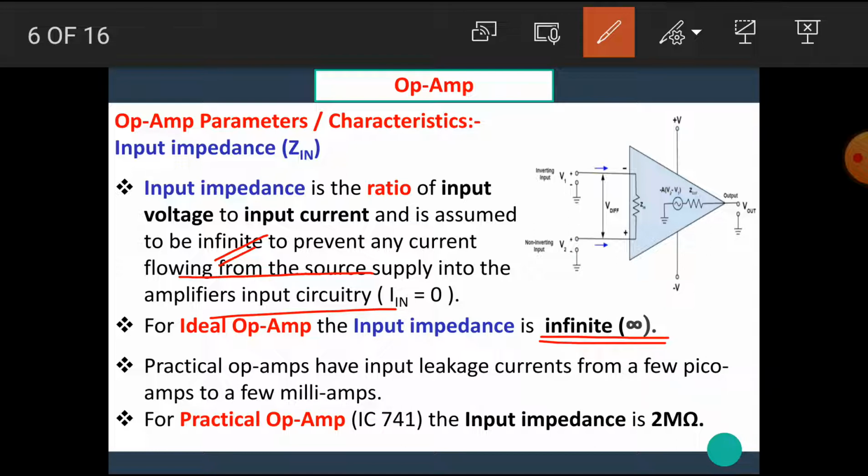Practical op amps have input leakage currents from few picoamperes to few milliamperes. For practical op amp or for IC741, the input impedance is 2 mega ohm. That means the input impedance Z in should be infinite. Okay, and for 741, this value is about 2 mega ohm.